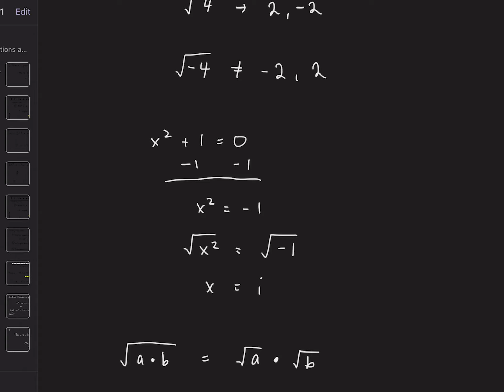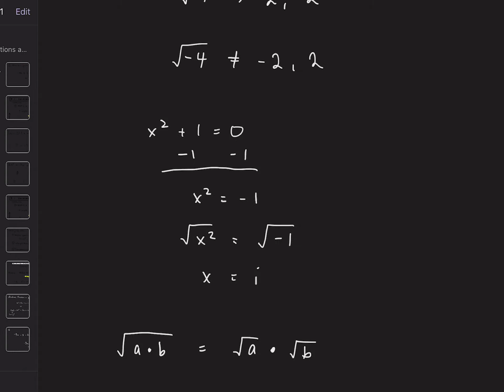Now, for example, if we have x squared plus 1 equals 0, and then you try to solve for it, you're going to get something that looks like this near the end, where the square root of x squared equals the square root of -1. But then using i as a replacement for the square root of -1, which is technically not possible, we can say that we solve for x, in which x equals i.